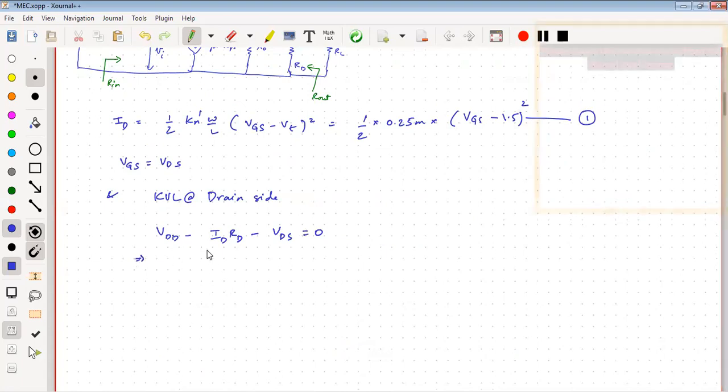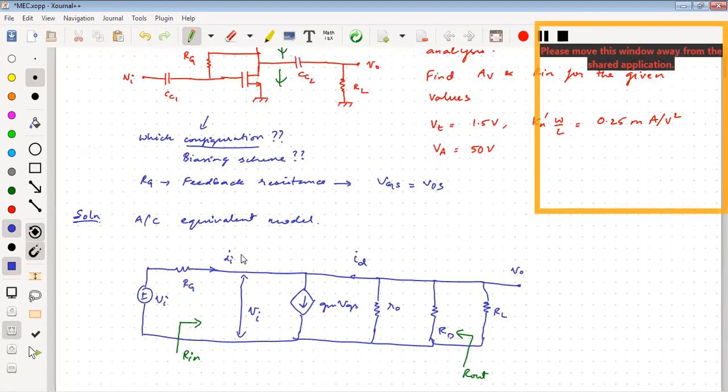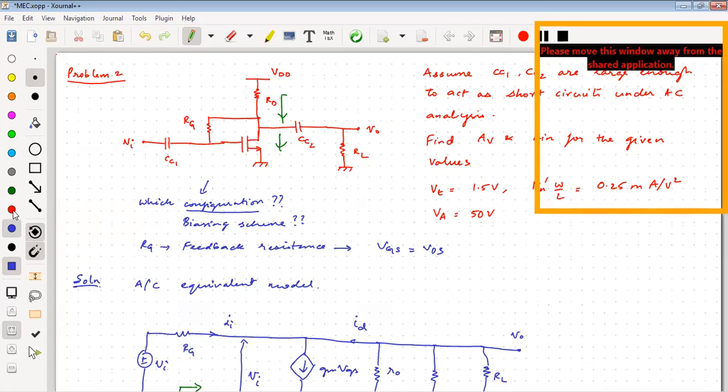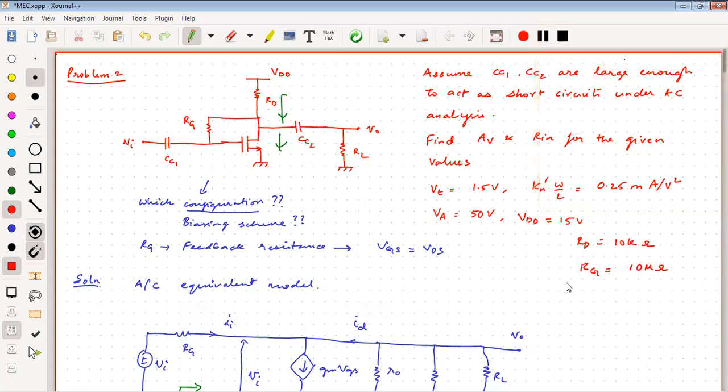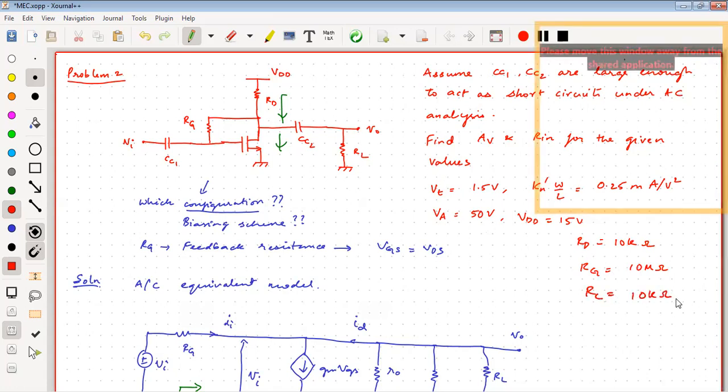VDD is 15 volts, RD is 10 kilo ohms, RG is 10 mega ohms, RL is also 10 kilo ohms. These are the values which are given.